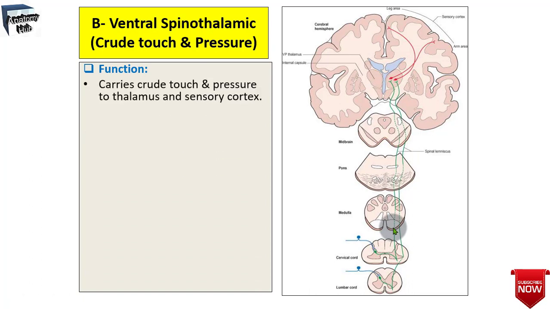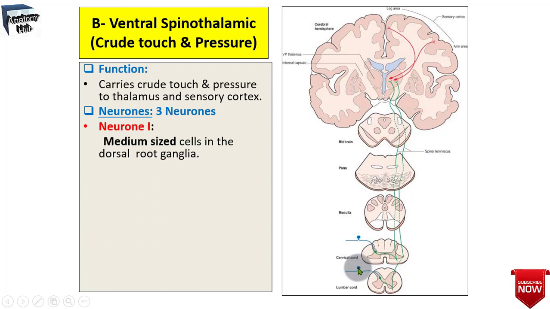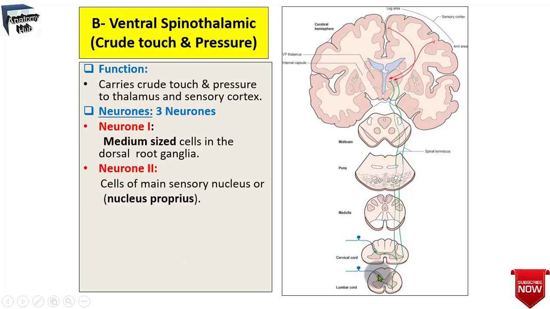crude touch. So the first order neurons of the anterior spinothalamic tract are found in the dorsal root ganglia of the spinal nerve, and the axons and dendrites of these neurons penetrate the spinal cord near the posterior horn of the dorsal funiculus, and the dorsal funiculus is the white matter on each side of the spinal cord between the dorsal root and the posterior median sulcus.